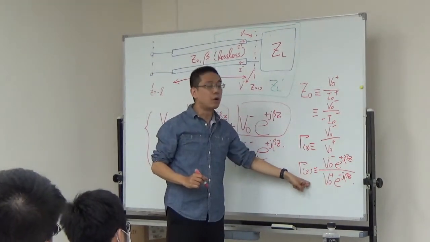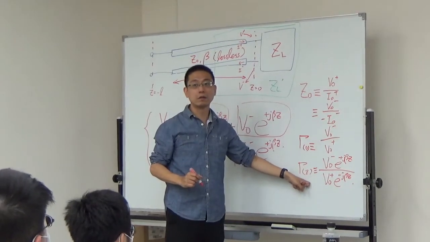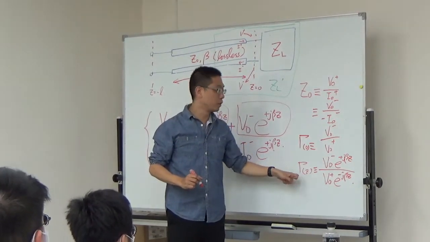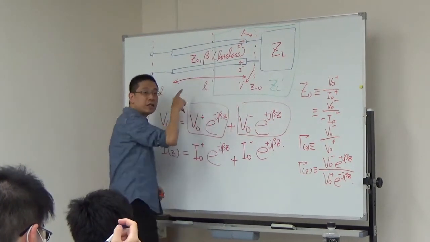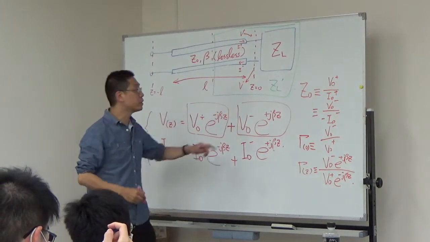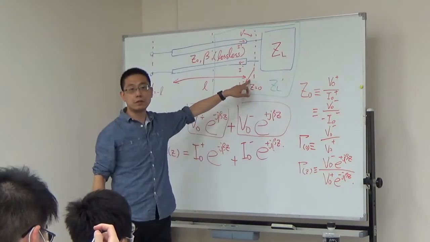It is more general, and your reflection coefficient can be at any position, not only Z equals 0.